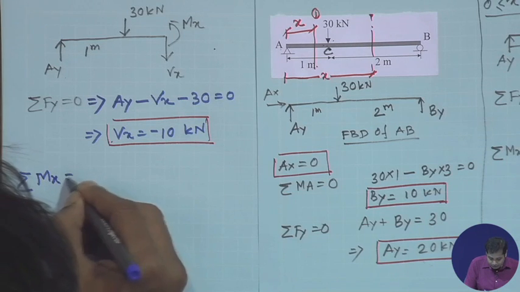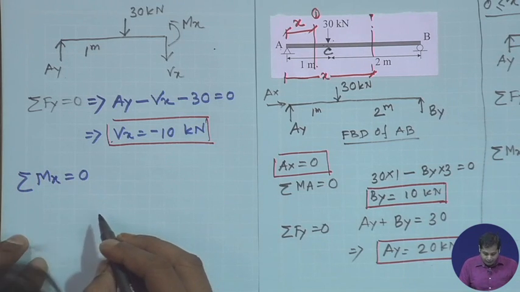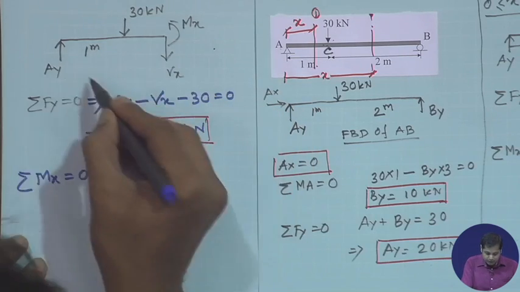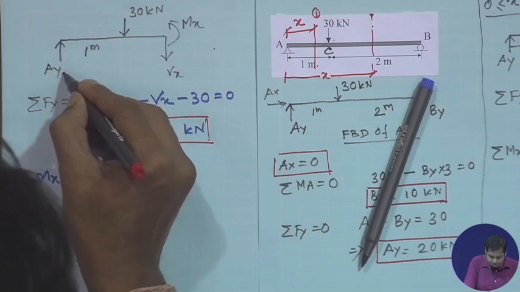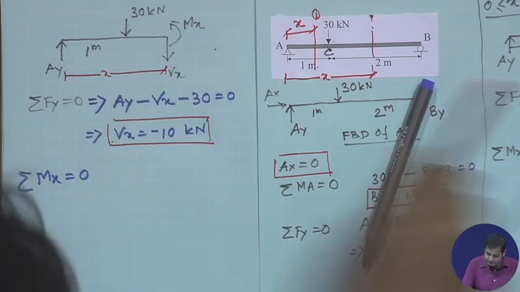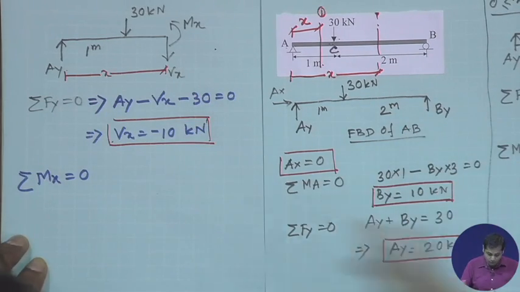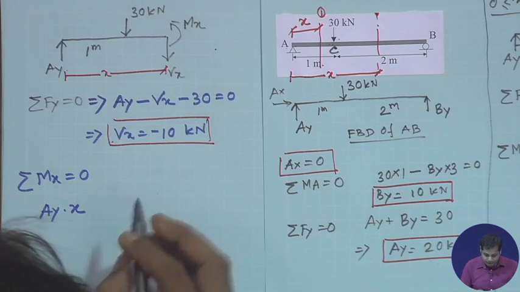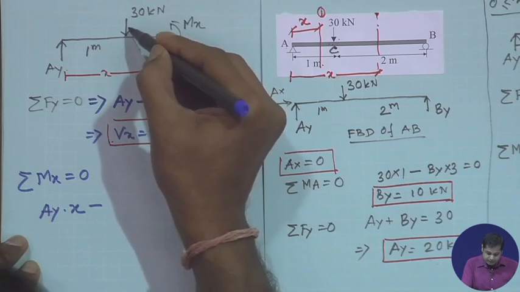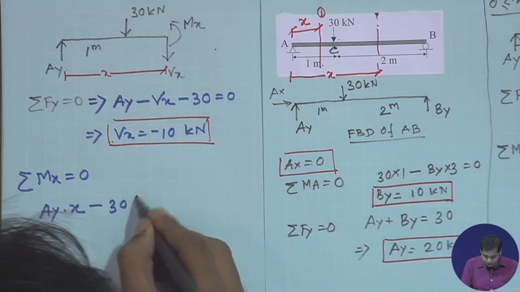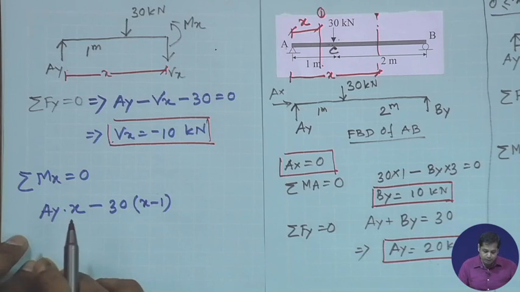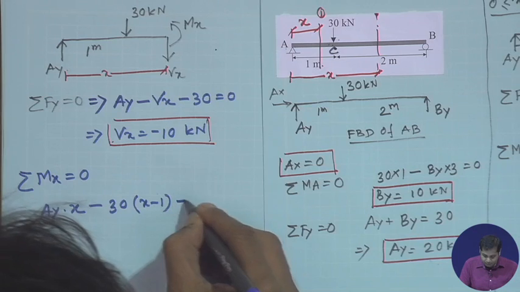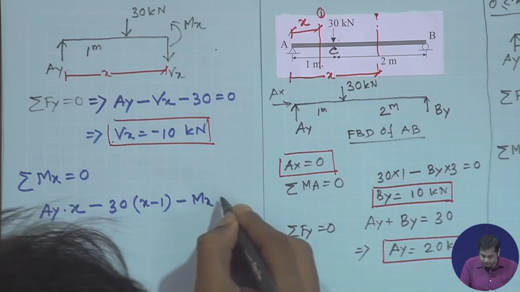Take summation of Mx is equal to 0. Ay into x, where this distance is x, is clockwise, then minus 30 into (x minus 1) is anti-clockwise, and again minus Mx is anti-clockwise.